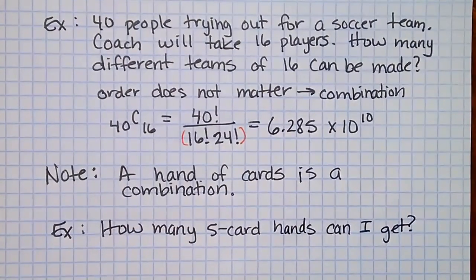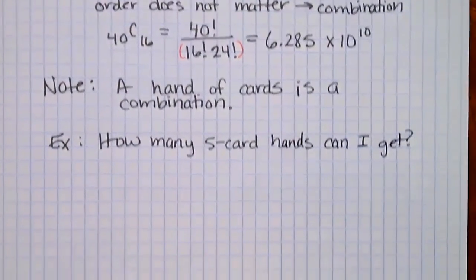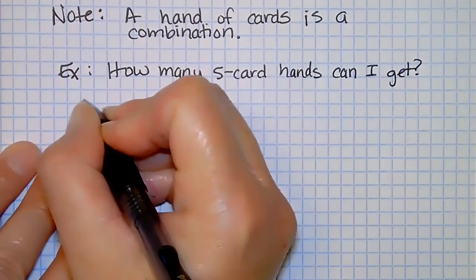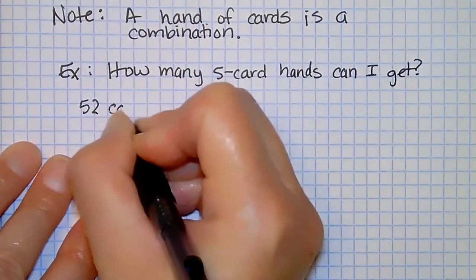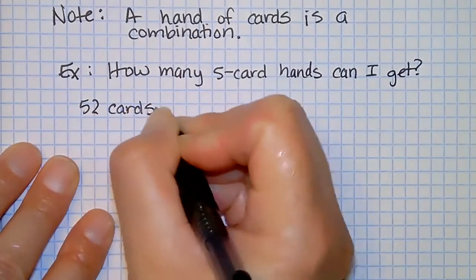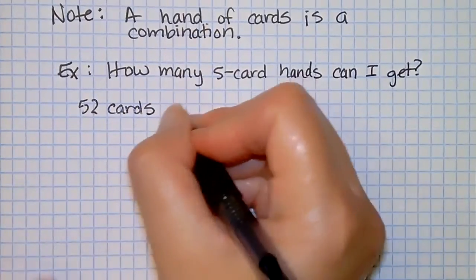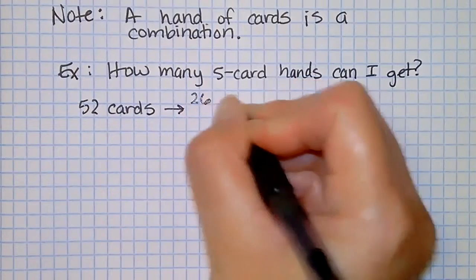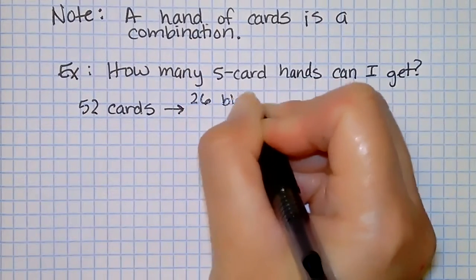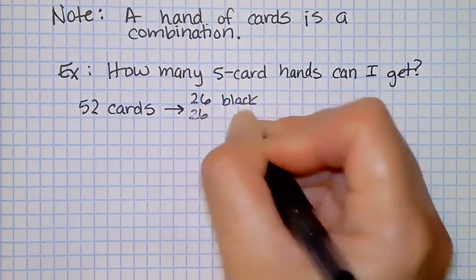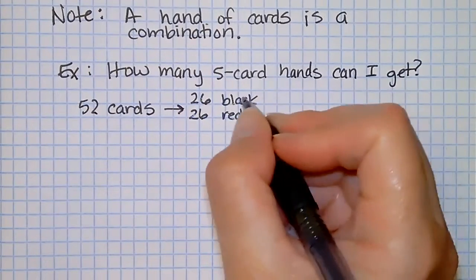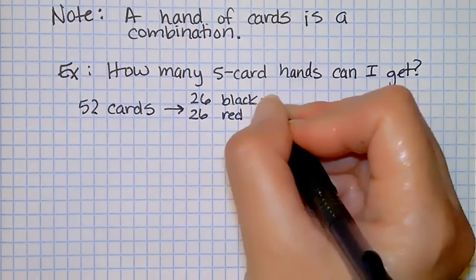Now, just to make sure everyone understands, because I know not everyone is as familiar with cards as others of us. So there are 52 cards in the deck. And those 52 cards have 26 that are black, and there are 26 that are red. And the black are separated into 2 different suits.